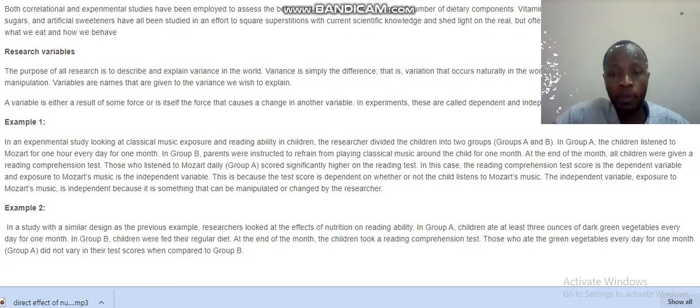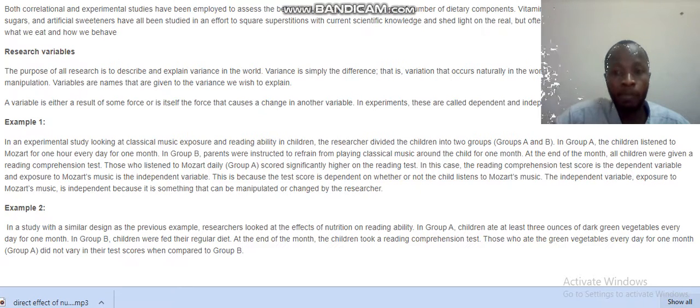So these ones were the control group. They were not to listen to the music for a period of 1 month. At the end of the month, all children were given a reading comprehension test. Those who listened to Mozart daily, that's group A, scored significantly higher on the reading test. In this case, the reading comprehension test score is the dependent variable.